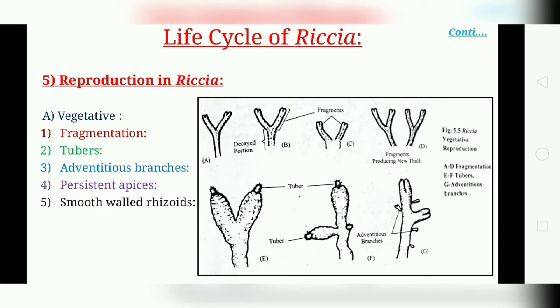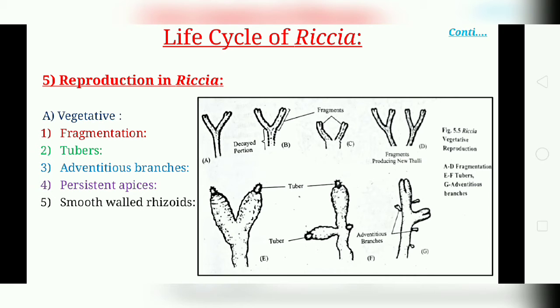Then the next is the tuber. In Riccia, species like Riccia discolor, Riccia vesicata, and Riccia perennis have perennating tubers found at the apices of lobes of the thallus in unfavorable conditions. They resume their growth when conditions are favorable.